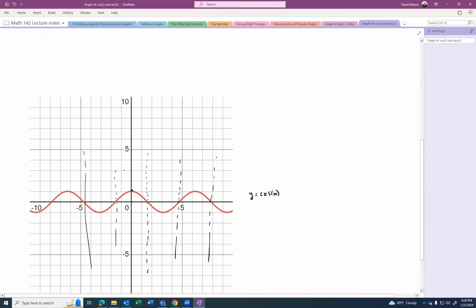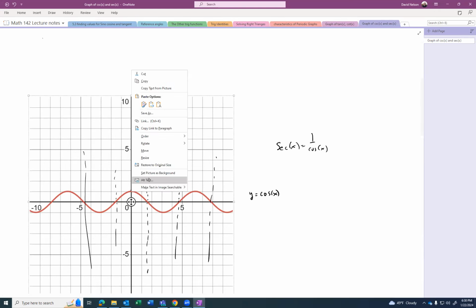At 0, we know that the cosine is equal to 1, and we know that secant of x is 1 over cosine of x. So 1 divided by 1 would be 1. So we're going to get a y value there of 1.